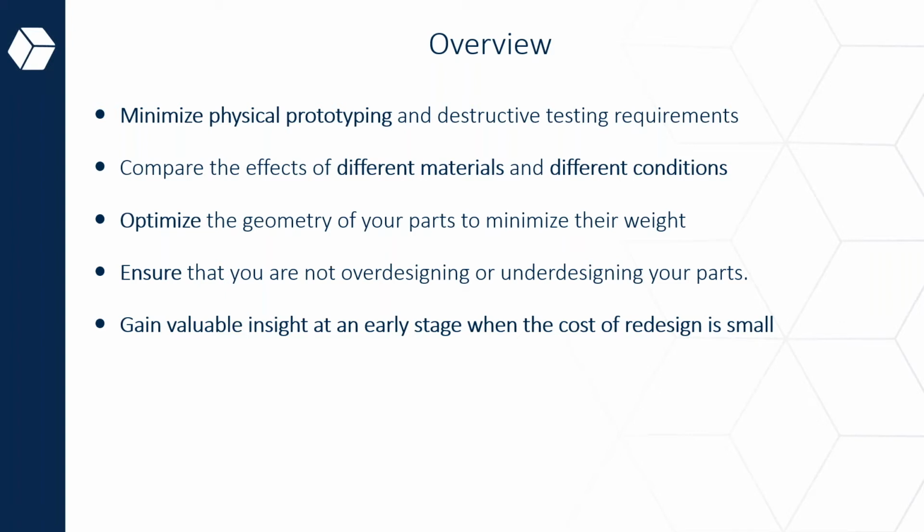Using the different material options, you can compare the effects of different materials in different conditions, and use the geometry optimization function to do your testing for manufacturing as well as in real conditions, to see that you've managed to get the right part, so that you don't have to do the initial prototype and don't have to work too many iterations to make sure your product does what it needs to do.